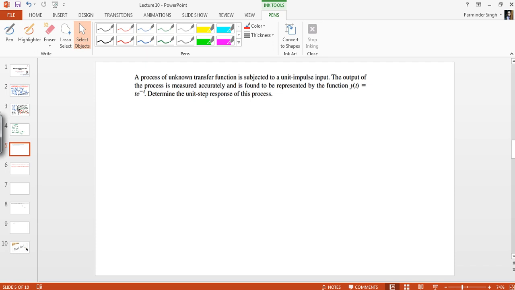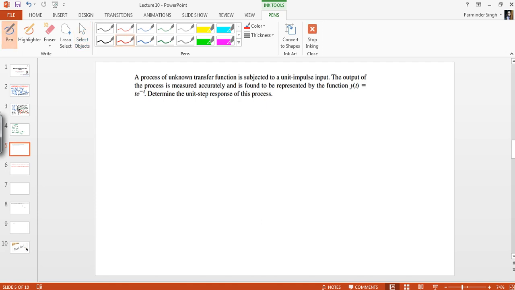We have a process of unknown transfer function which is subjected to a unit impulse. The output of the process is measured accurately and is found to be represented by a function y(t), which is t e^(-t). Determine the unit step response of this process.